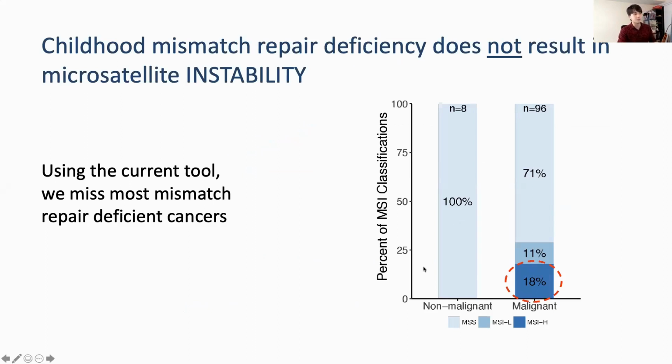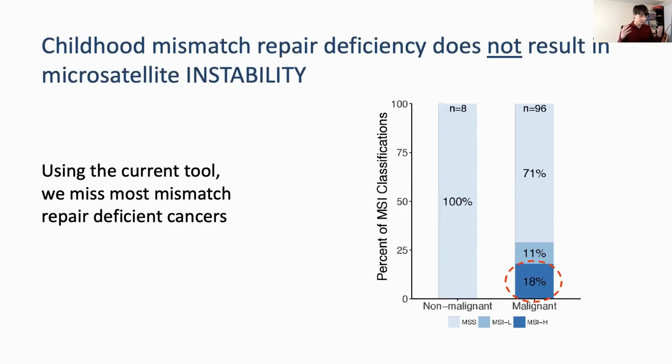And interestingly, because children with mismatch repair deficiency have it in all their cells, we thought that even their normal or non-malignant tissues would have microsatellite instability, in which case we did not find any. So this biologically doesn't make sense because we know mismatch repair fixes or corrects microsatellite indels.